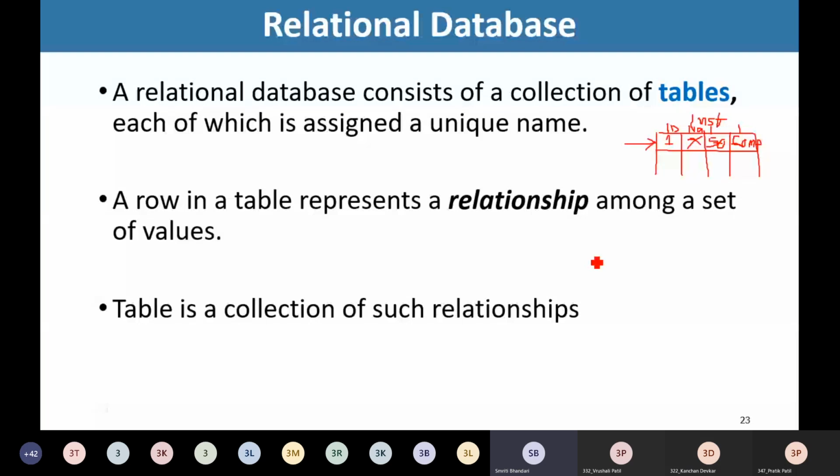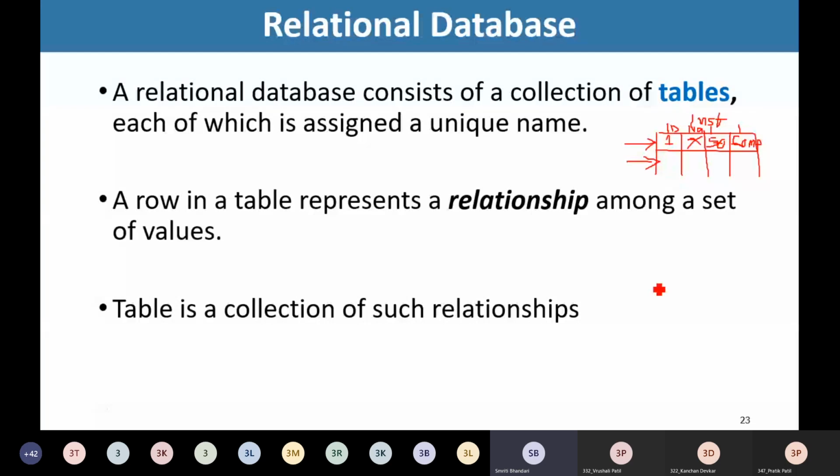If I look at this table now, I have this table viewed as a collection of such relationships between the attributes. So one row represents the relationship among the set of attribute values. Similarly, another row also represents some relationship among the set of attribute values, and so on.